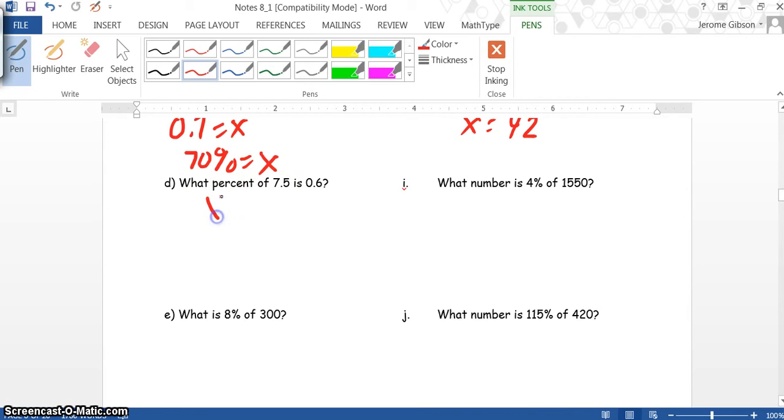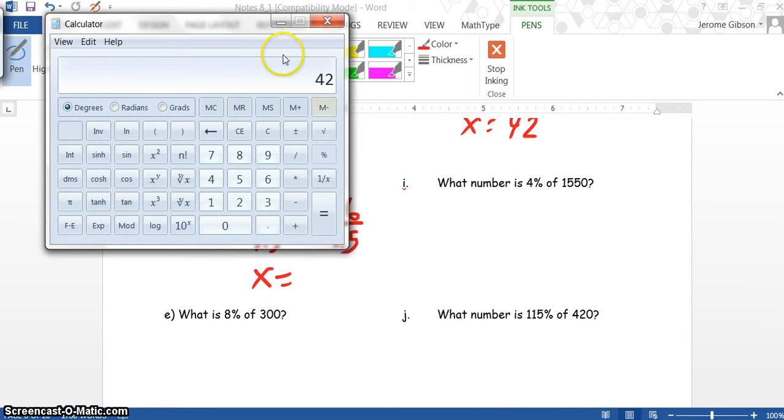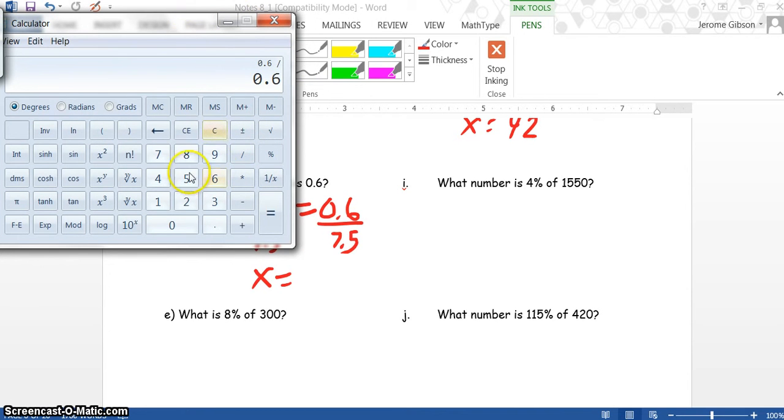What percent, which is x, of multiplication, 7.5, is means equal 0.6. So we need to get x by itself. So we divide each side by 7.5, and x is equal to, we would take our 0.6 and divide it by 7.5.